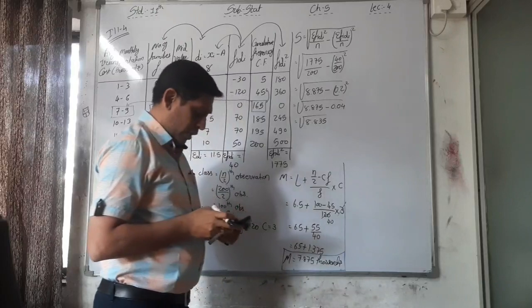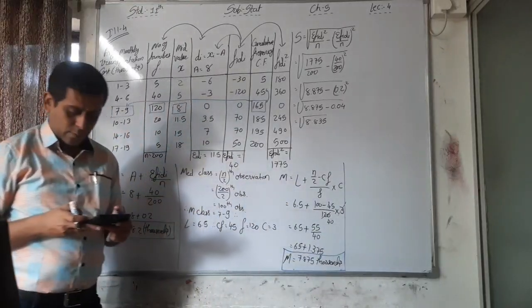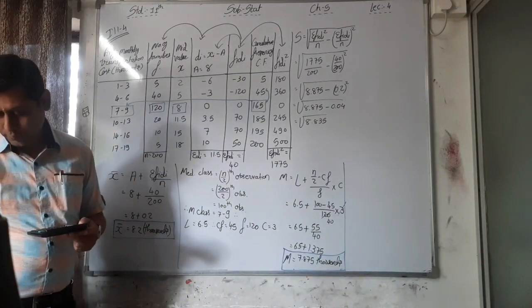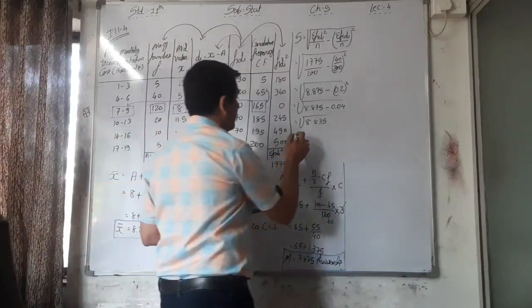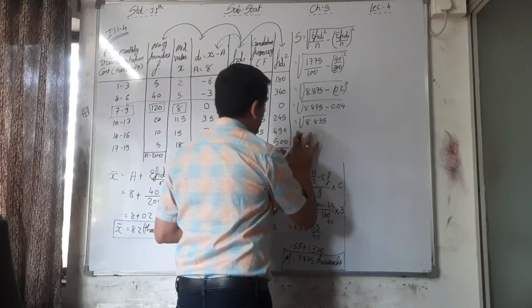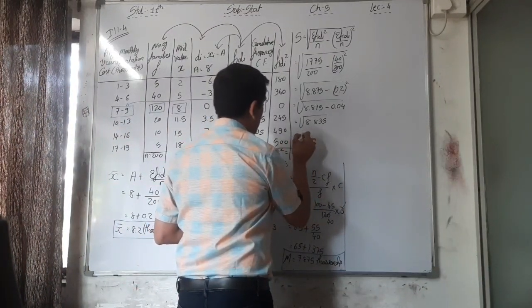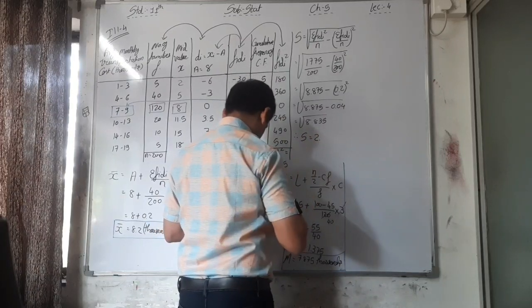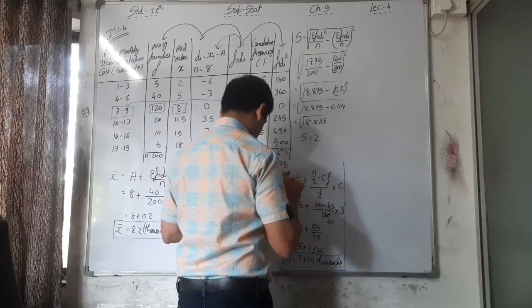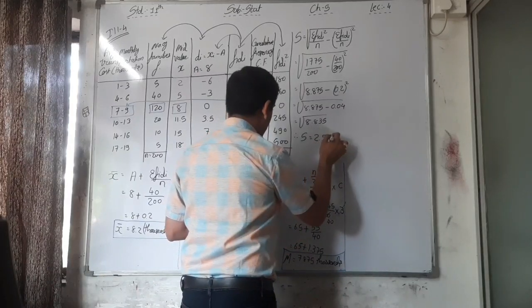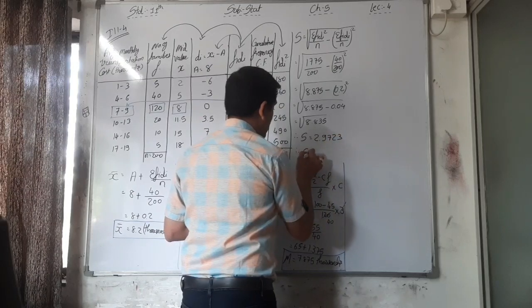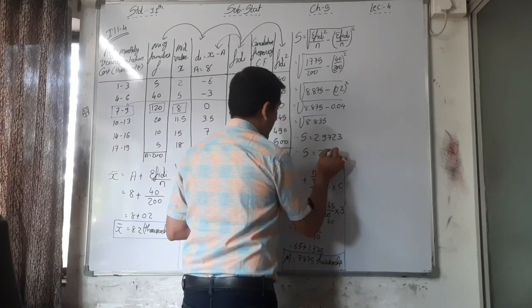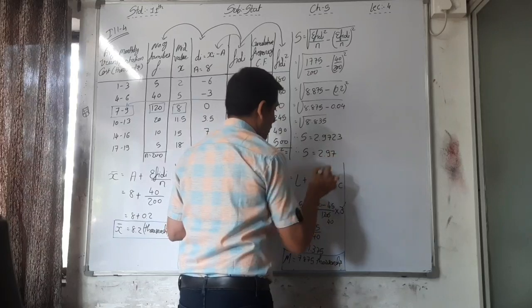And then the square root of 8.835 is equal to 2.9723. So ultimately 2.97 is the answer, in thousand rupees.